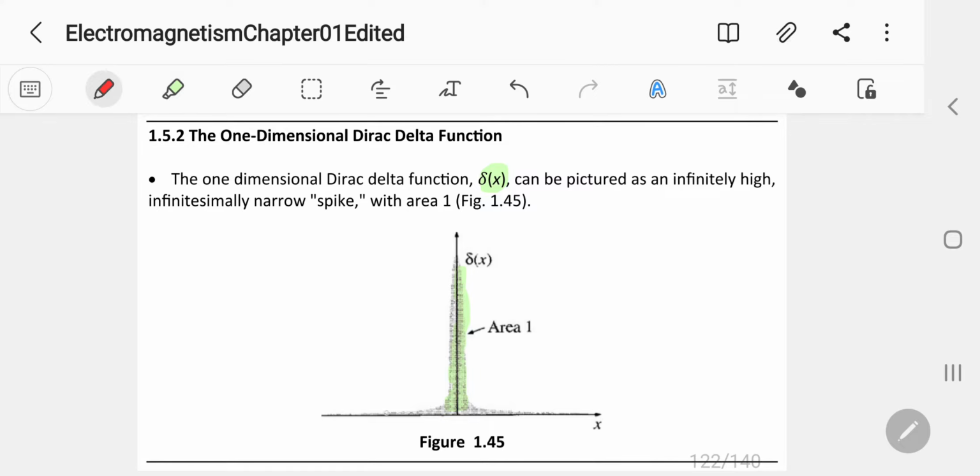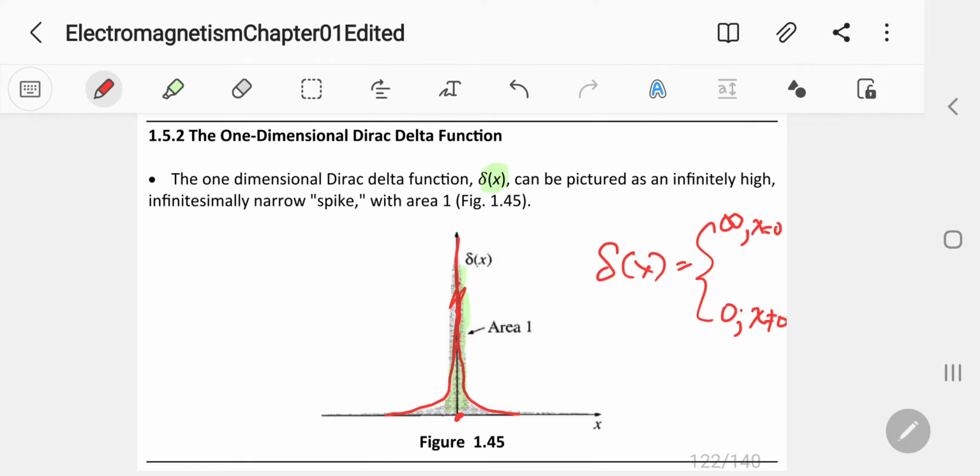It has this property that delta x is infinity at x equal to 0, and it is 0 when x is not equal to 0.